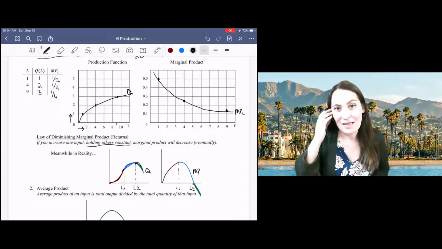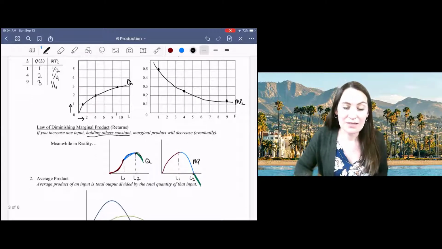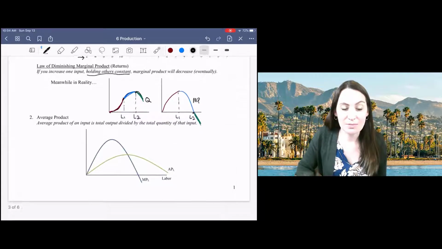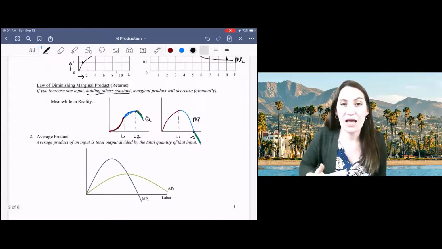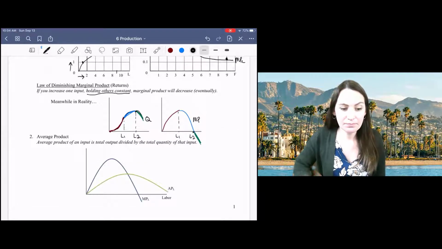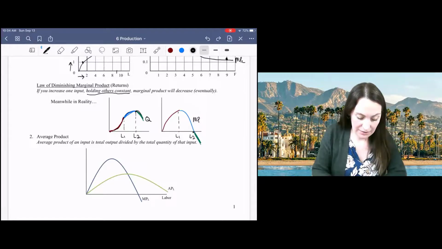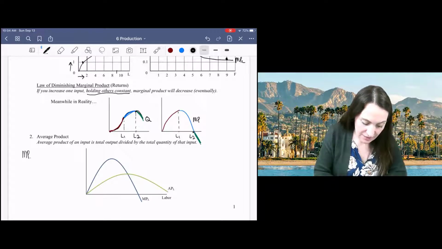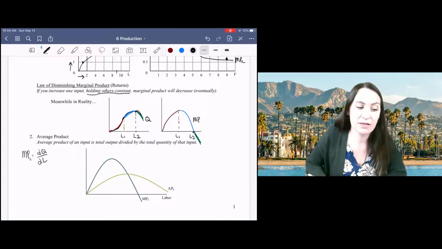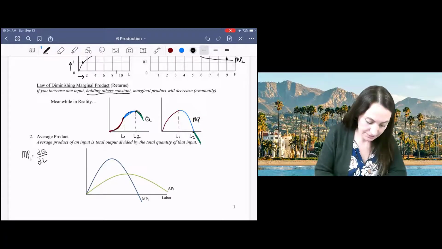The last thing that we want to do here is to talk a little bit about the difference between marginal product and average product. Marginal product, as we've just discussed, is the derivative of the production function with respect to one of our inputs.